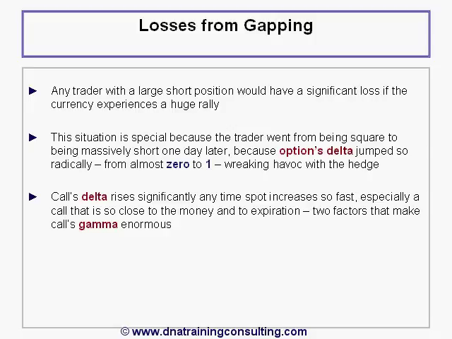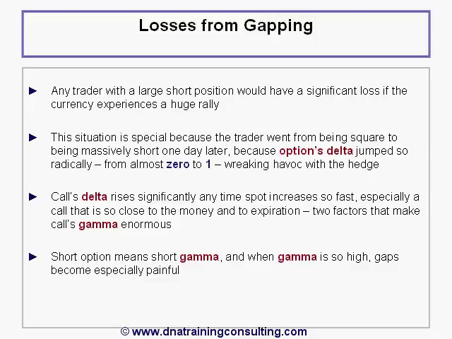Two factors which, we hinted before, cause its delta to become especially volatile, or stated differently, cause its gamma to become enormous. A trader that is short an option is short gamma, and when gamma becomes so high, abrupt moves in the underlying, known as gaps, become especially painful.